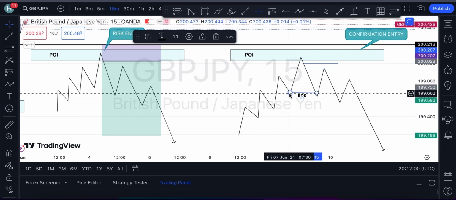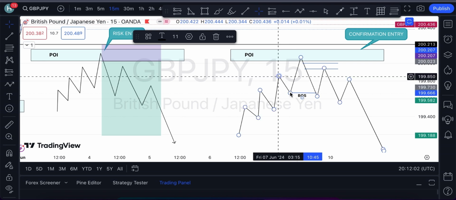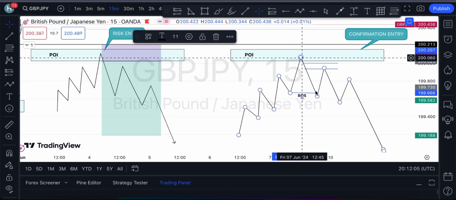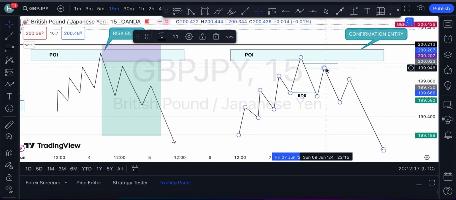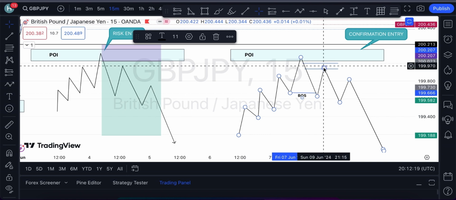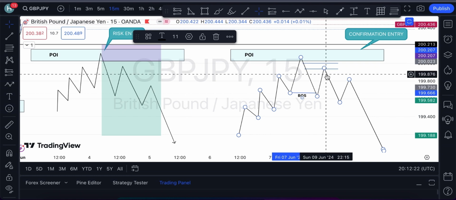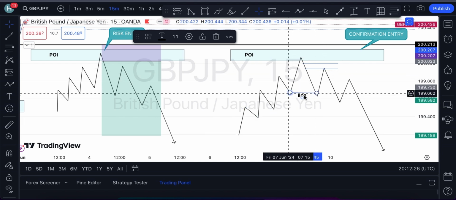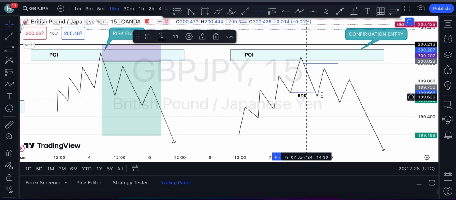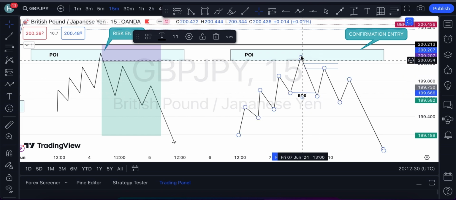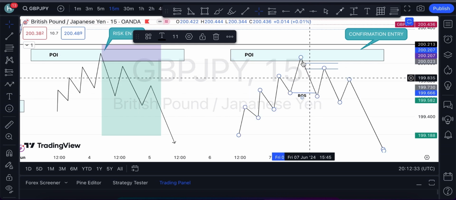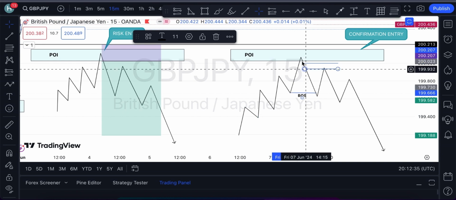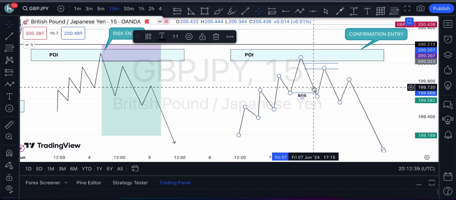Price was doing higher high, higher low, higher high, and then it created a high here. So normally, after price has done this break of structure here, while price was doing the break of structure, it would have created some kind of imbalance or fair value gap around this zone here.